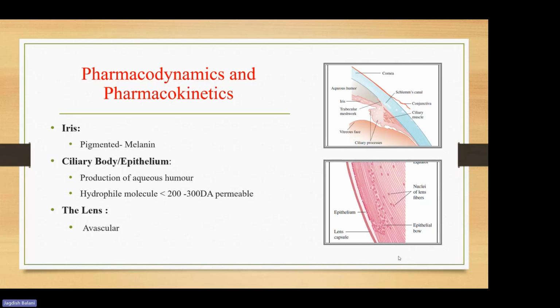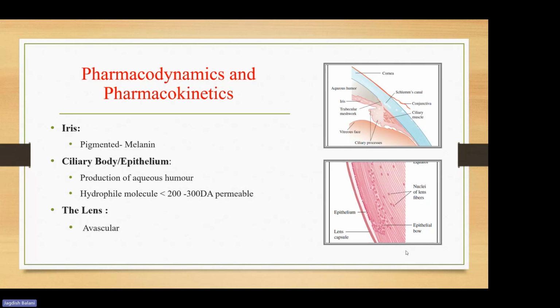The lens is the avascular tissue between the eye and the aqueous humor, and the vitreous humor. It remains like a junction from the vitreous humor to the aqueous humor, and it binds the lens. This might affect ocular pharmacology, because sometimes whatever toxicant travels from the tear film to the cornea, cornea to ciliary body and iris, may reach the lens and get accumulated there.